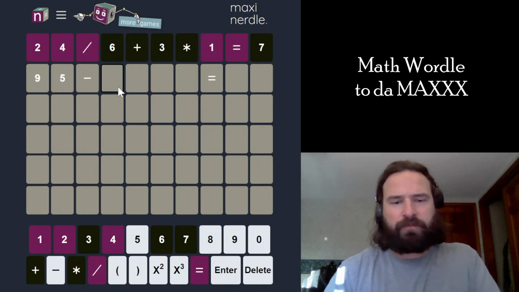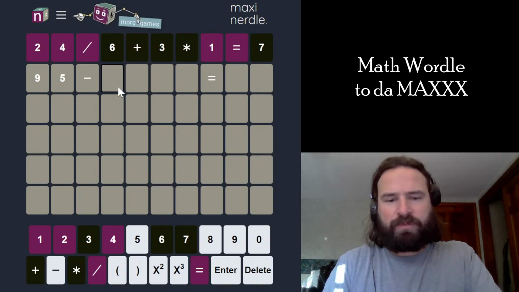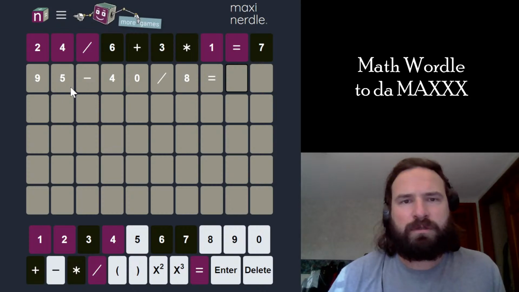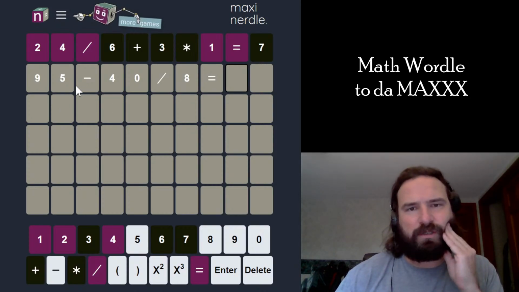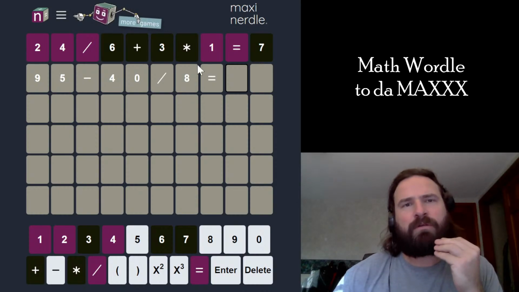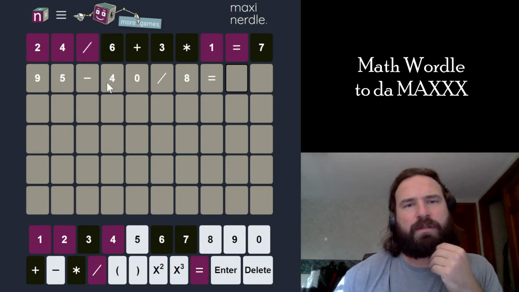Okay, I could do like 40 divided by 8. I'm just going to do this, kind of check the structure. So this is only 90 though, so that doesn't even really check. I'm not using any of the numbers that I have, which is kind of bad. I would rather not do that.